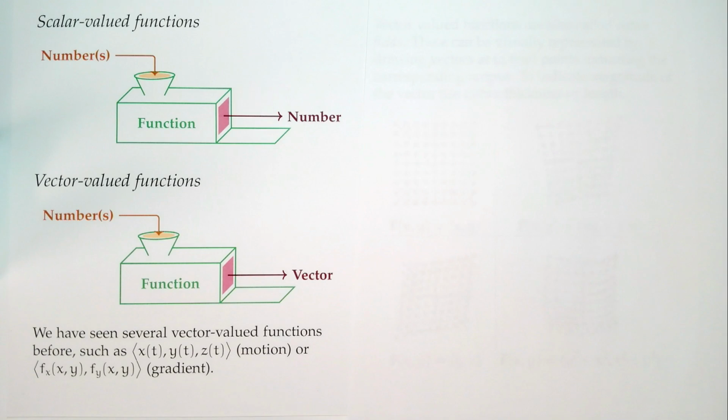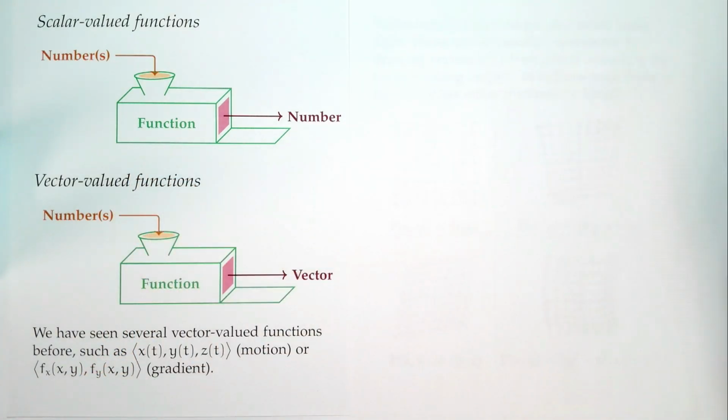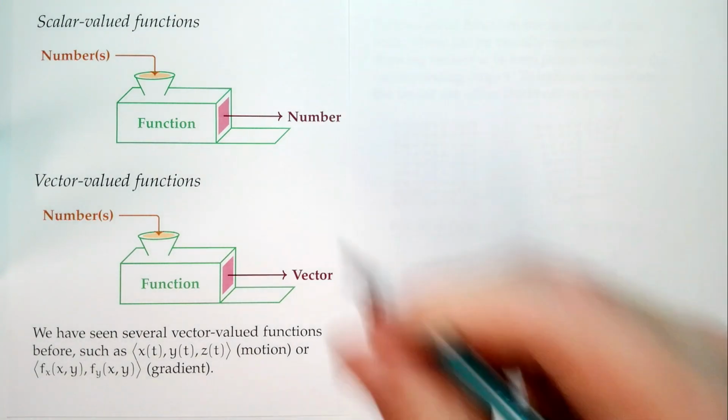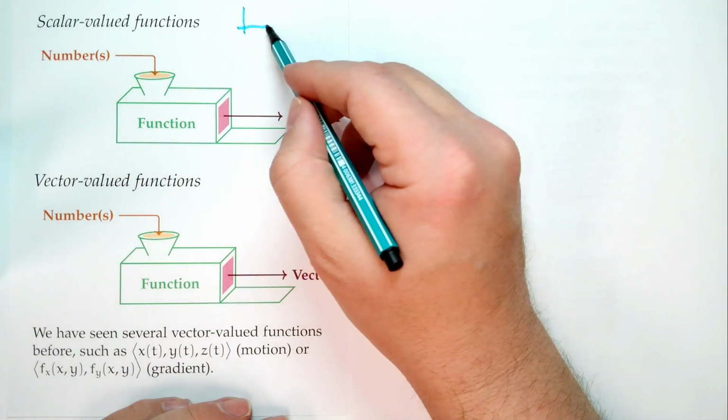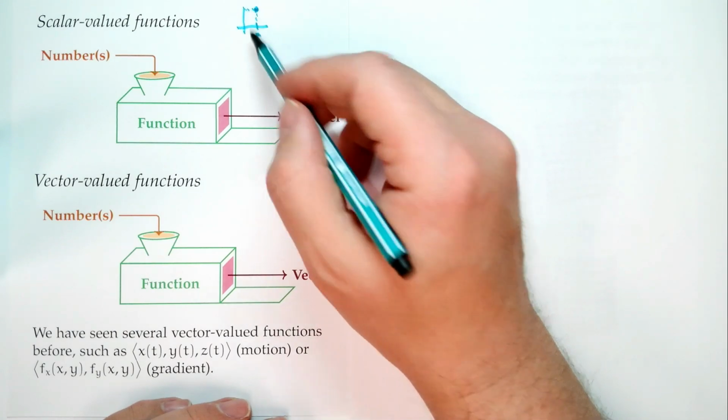To understand what a vector-valued function does, it might be useful to ask how you describe these things. And here we say, well, what's the output? Previously, when we dealt with scalar-valued functions, it was pretty simple. If you think about, for example, y equals f of x, here's my input, here's my output, it's a single point.